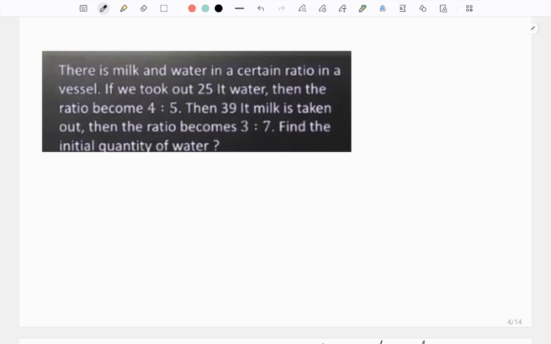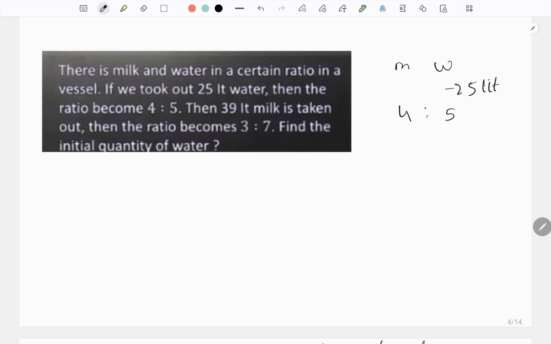The initial ratio is also not mentioned, so let me start from above. Milk and water, initially we don't know. 25 liters of water is removed, then it became 4:5.